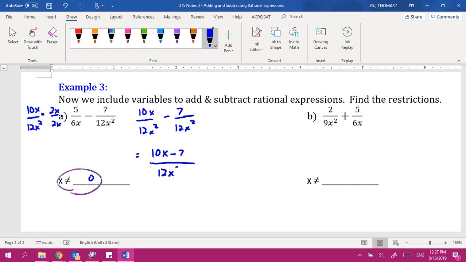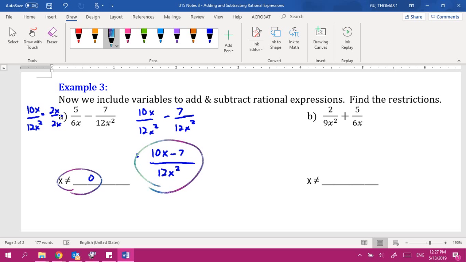That's right. 10x minus 7 over 12x squared. Very good. I would highly recommend writing this step out, because as we get more complicated examples, if you don't write the step out, you might make some mistakes. So it's always better to show your work, but I can't hold your hand and make you do it.